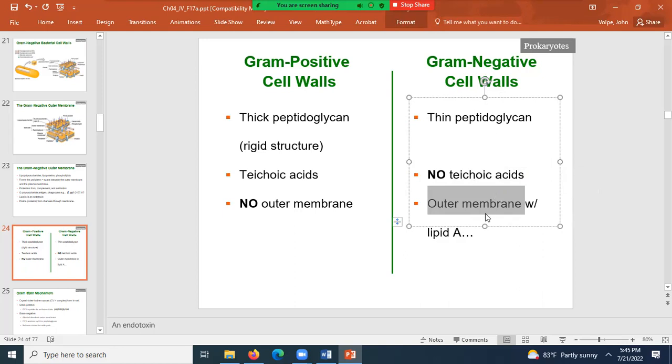Obviously that doesn't have a cell wall, doesn't have an outer membrane. You don't need to know any of that, but I was pointing out that my wording was: in gram-negative cells that have a cell wall, then they have an outer membrane. Any question about gram-positive and gram-negative cells?